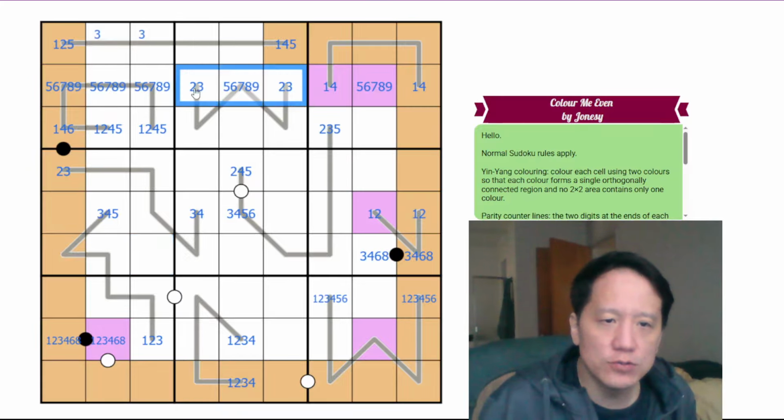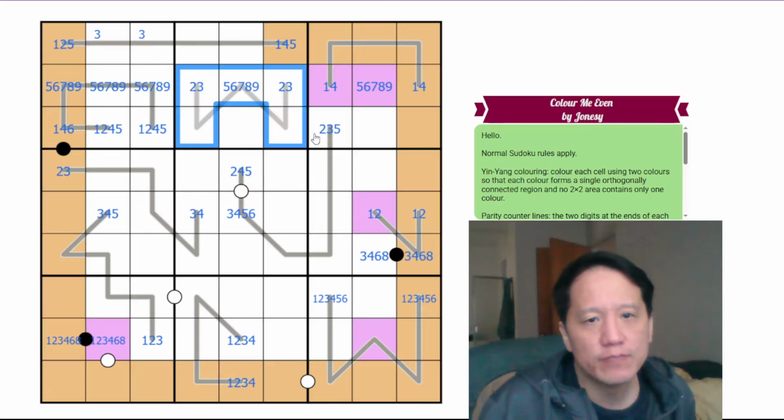We have 2 of one parity here and 3 of the other parity here.